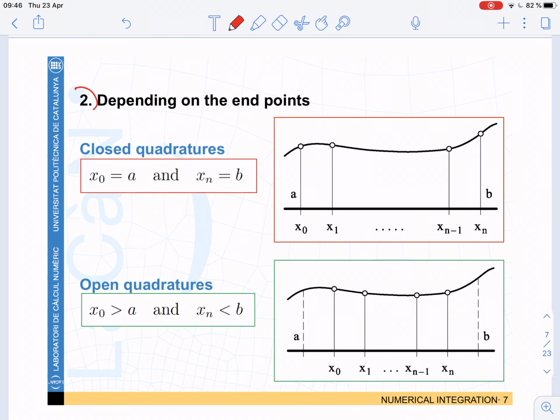Second classification, we call a quadrature closed or open, depending on whether the endpoints a and b are taken as integration points or not. Please note how in an open quadrature a and b are not used as integration points.